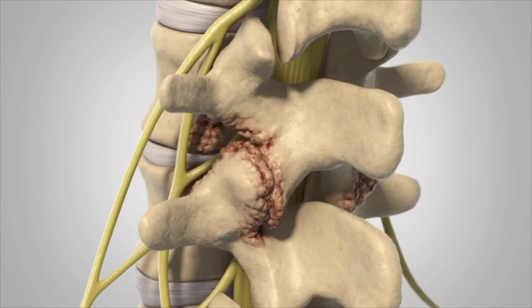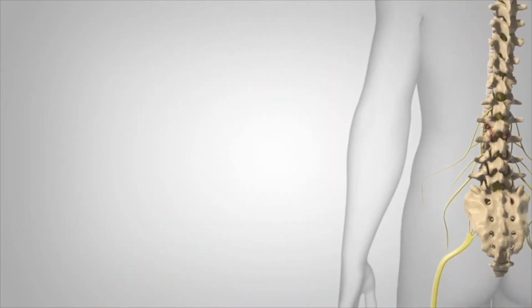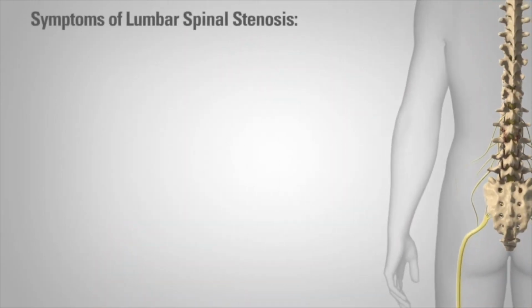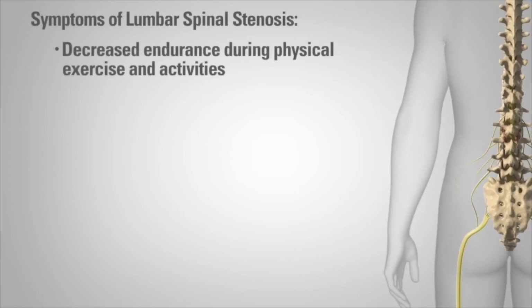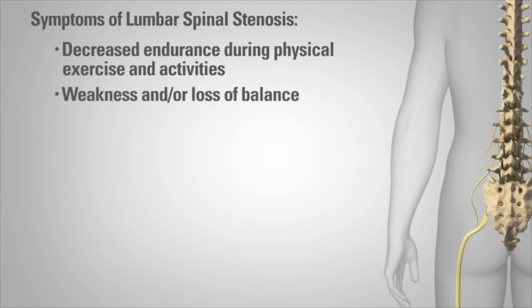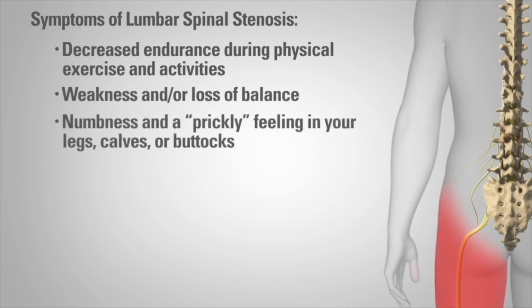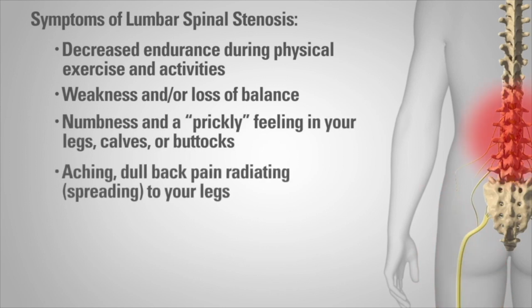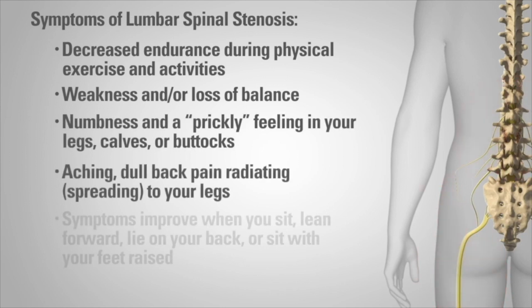The symptoms of lumbar spinal stenosis include decreased endurance during physical exercise and activity, weakness or loss of balance, and numbness and a prickly feeling in your legs, calves or buttocks. You may experience aching or dull back pain radiating to your legs.